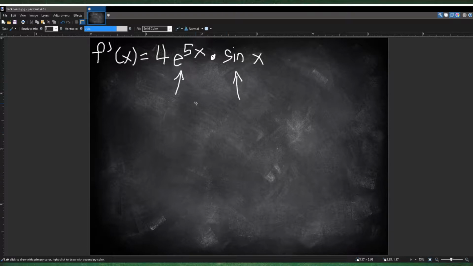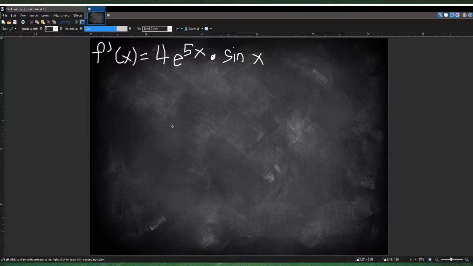If we ignore the 4 and just do this derivative, the 4 is just a scalar, so it doesn't really do anything. If we do the derivative of e to the power of 5x, it's just e to the power of 5x. You see how the e to the power of 5x stays the same? And we could use this. If it stays the same, there's this kind of pattern that we could use to simplify to find the integration.